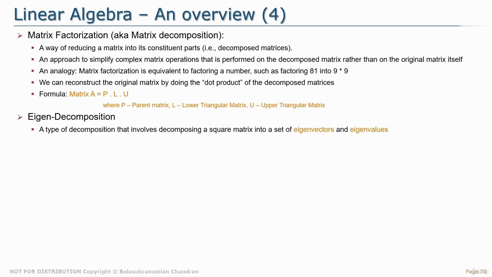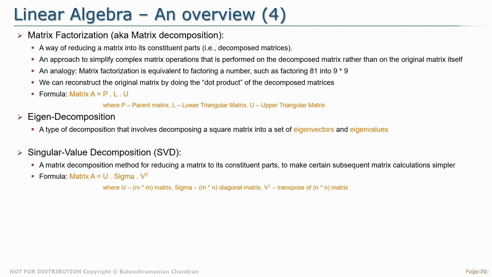Eigen decomposition. It's a type of decomposition that involves decomposing a square matrix into a set of eigenvectors and eigenvalues. Singular value decomposition, also known as SVD. It's a matrix decomposition method for reducing a matrix to its constituent parts to make certain subsequent matrix calculations simpler.